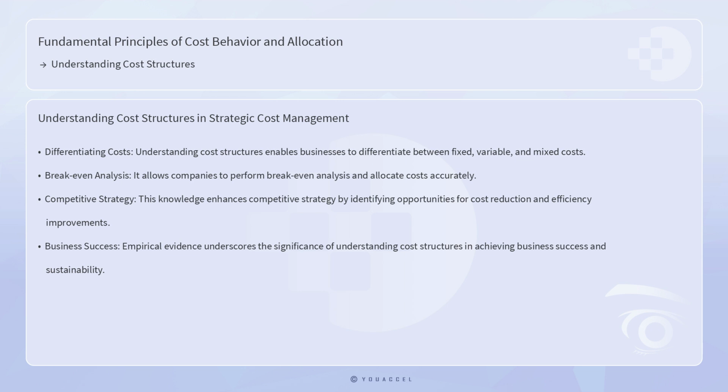Empirical evidence and real-world examples underscore the significance of this understanding in achieving business success and sustainability. As organizations navigate an increasingly complex and competitive landscape, mastering the principles of cost behavior and allocation will remain a cornerstone of effective strategic cost management.